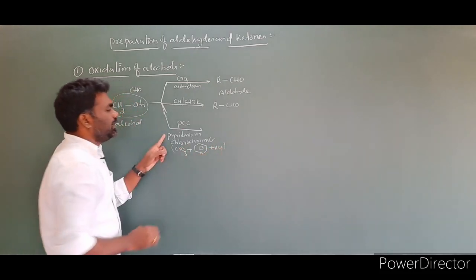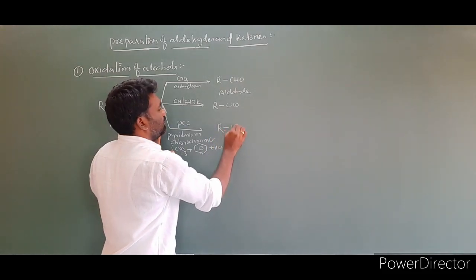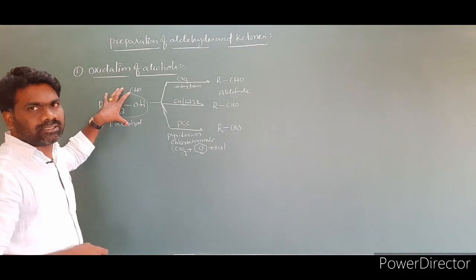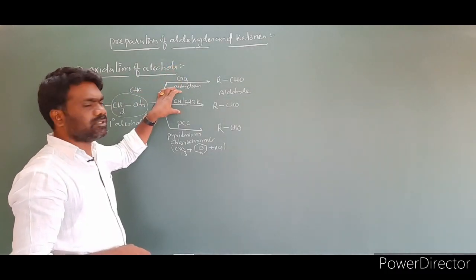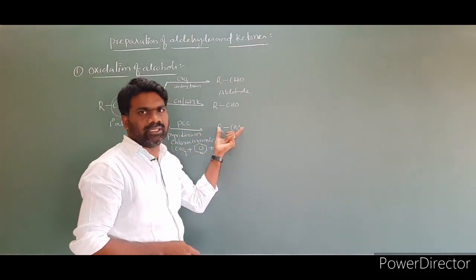The product is the same, aldehyde. So the point is, if you oxidize primary alcohols with anhydrous CrO3, or copper at 573 Kelvin, or PCC, the product is aldehydes.